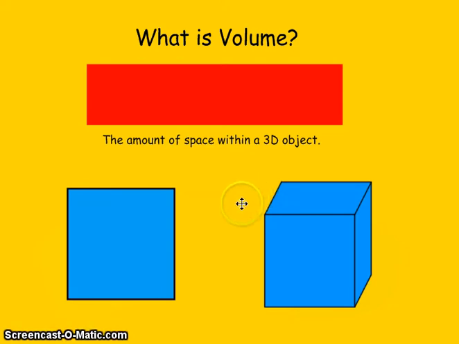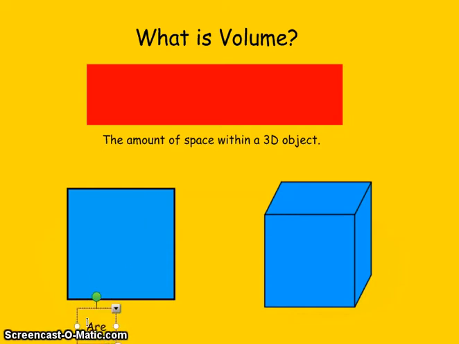So an example of a 2D shape could maybe be a piece of paper. An example of a 3D shape would be maybe one of the bricks that are on your house, or one of your little brothers or sisters' blocks that they play with. Those would be examples of 3D shapes. So we know that the amount of space within a 2D shape, we can find that.